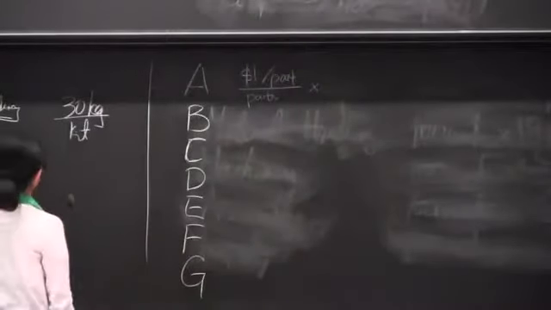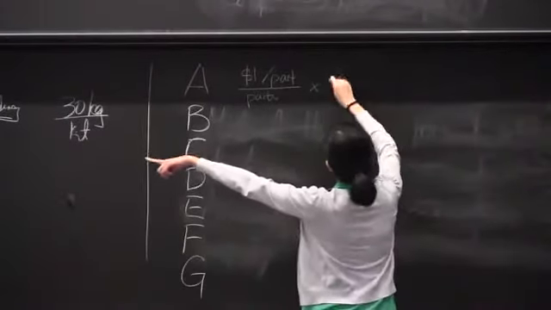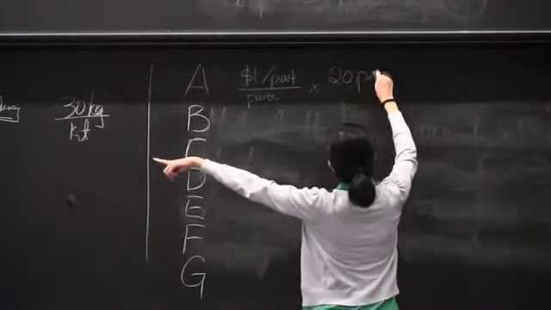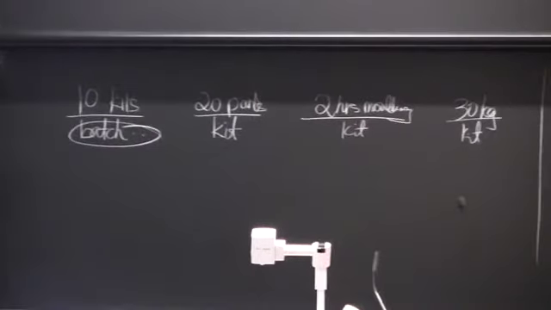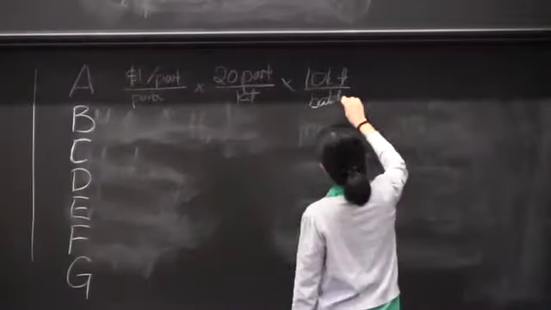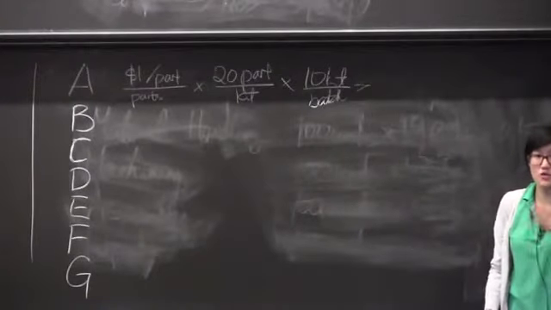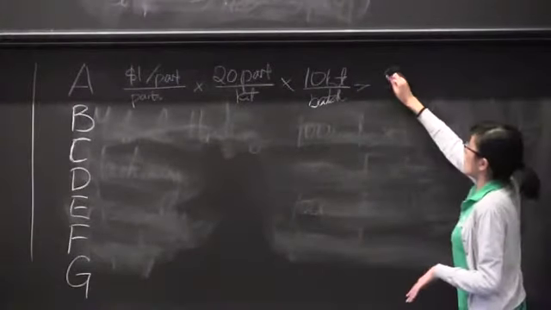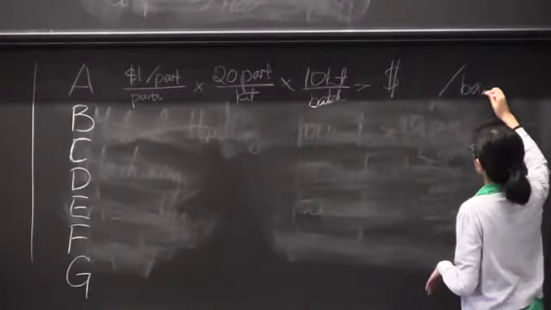How many parts for a kit? 20 parts per kit and 10 kits per batch. Because we're looking for the ABC cost per batch, you're always going to come up with dollars per batch.